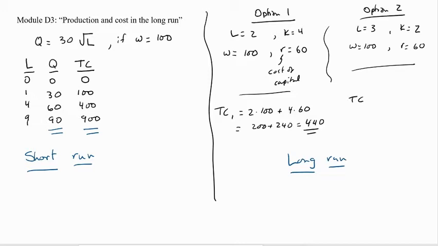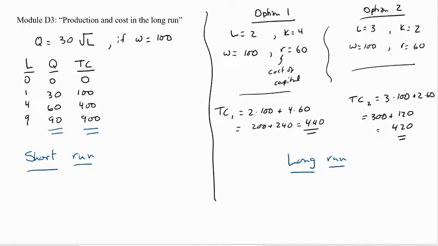Total cost 2 we can find in exactly the same way. 3 units of labor times $100 per unit of labor. Capital will be 2 times 60. So that's going to lead us to 300 plus 120, or we're going to have 420 for our total cost.